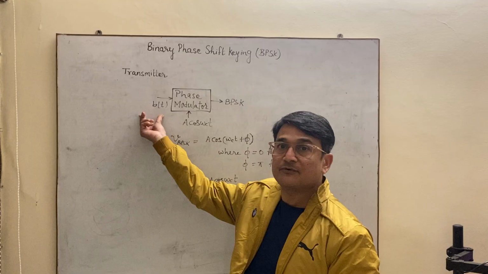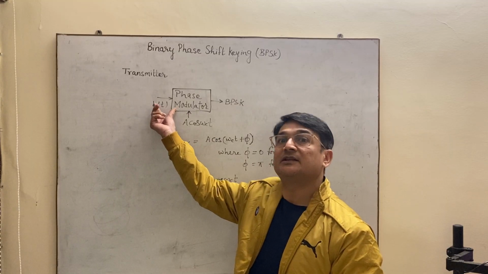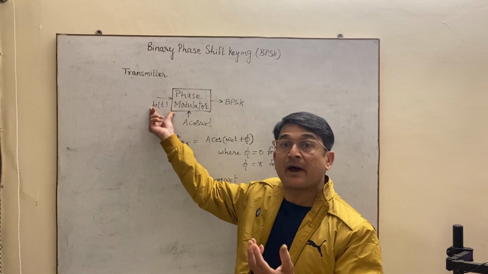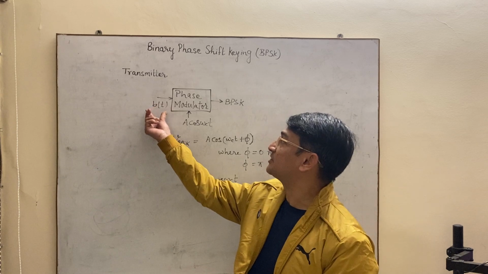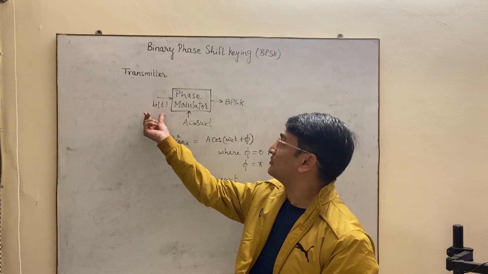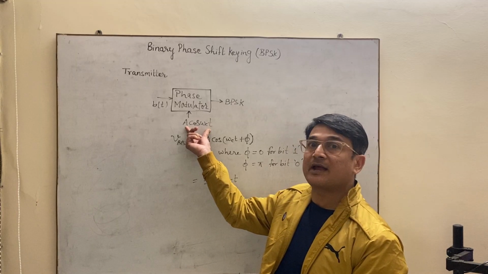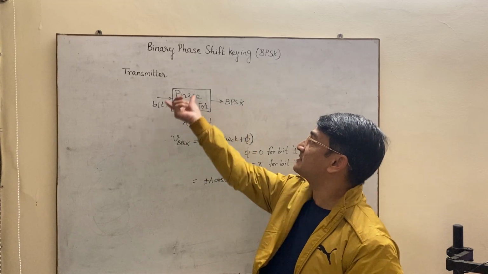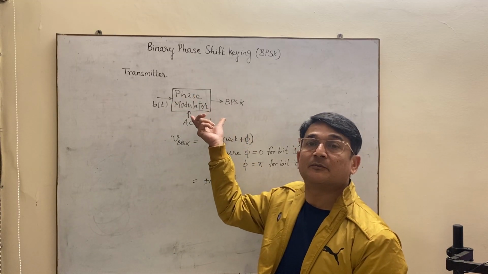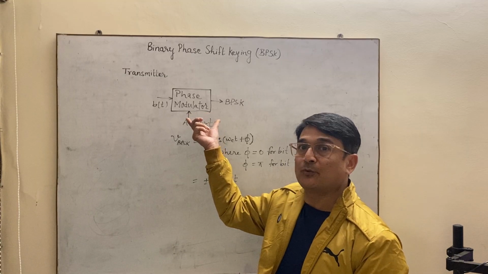So instead of f of t, you give the bit sequence, that is the binary data which you want to transmit, so instead of ft, you use bt. The output of this phase modulator is nothing but the binary phase shift keying output.